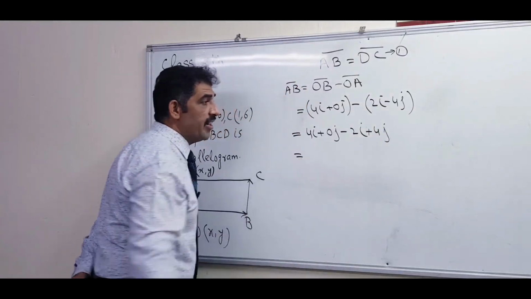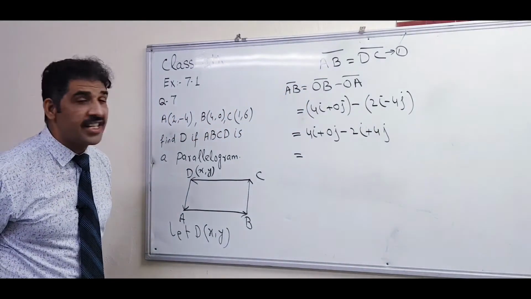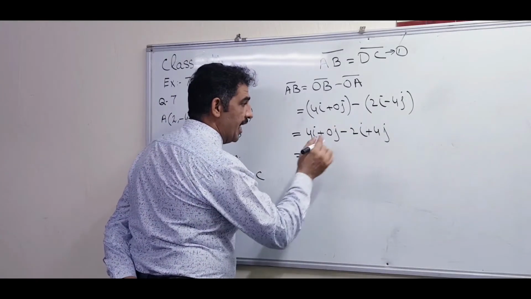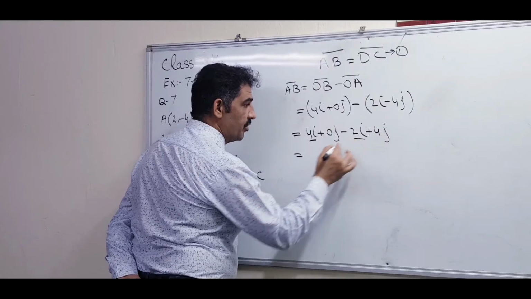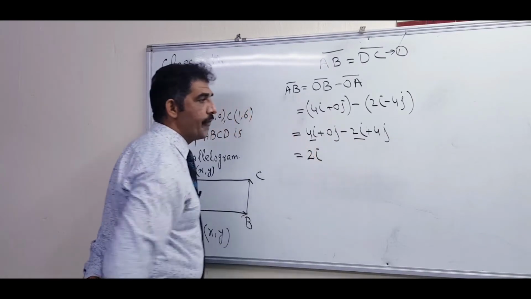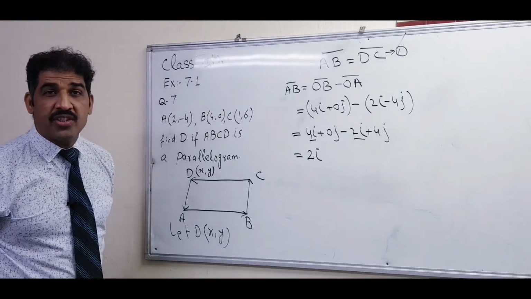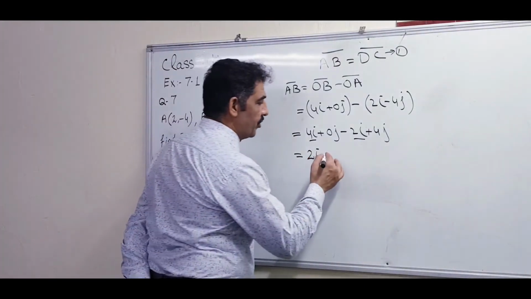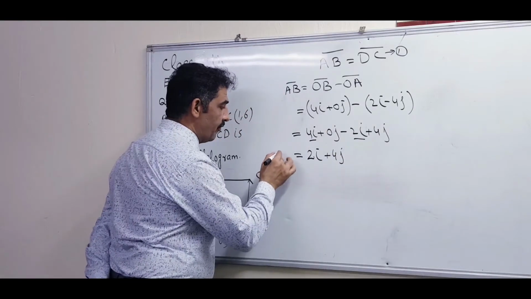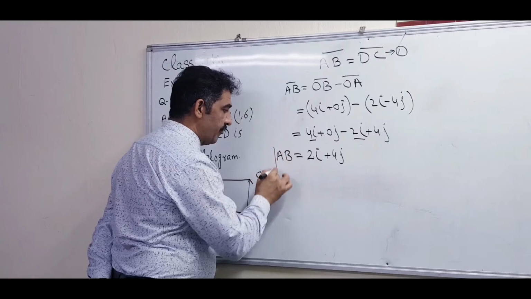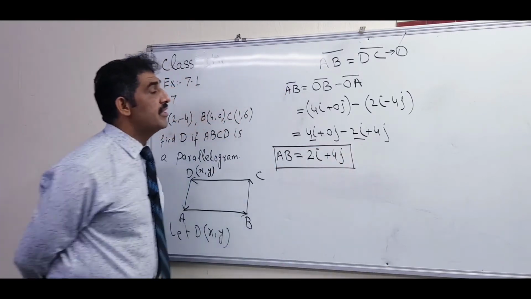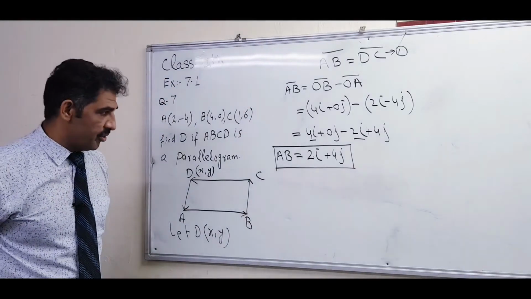Taking the i component with i and the j component with j, 4i minus 2i gives 2i, and 0j plus 4j gives 4j. That is the value of AB, and we will use it later when we find DC. Then we will put the value in equation number 1.